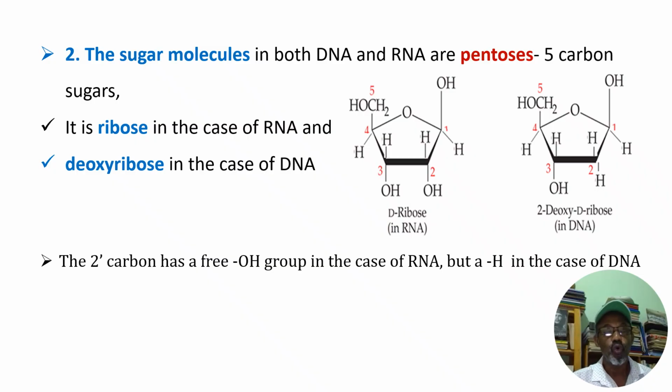The 2 carbon has a free OH group in the case of RNA. You can see here the free OH, but only hydrogen in the case of DNA.